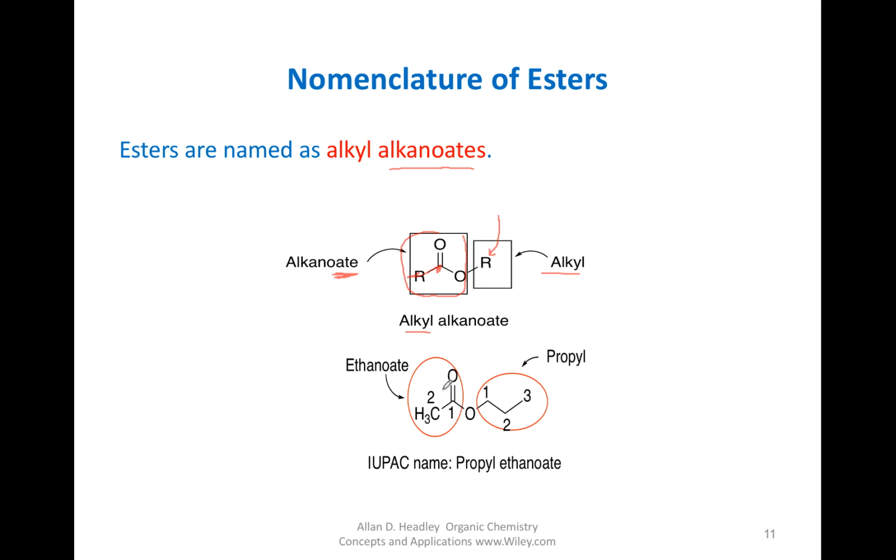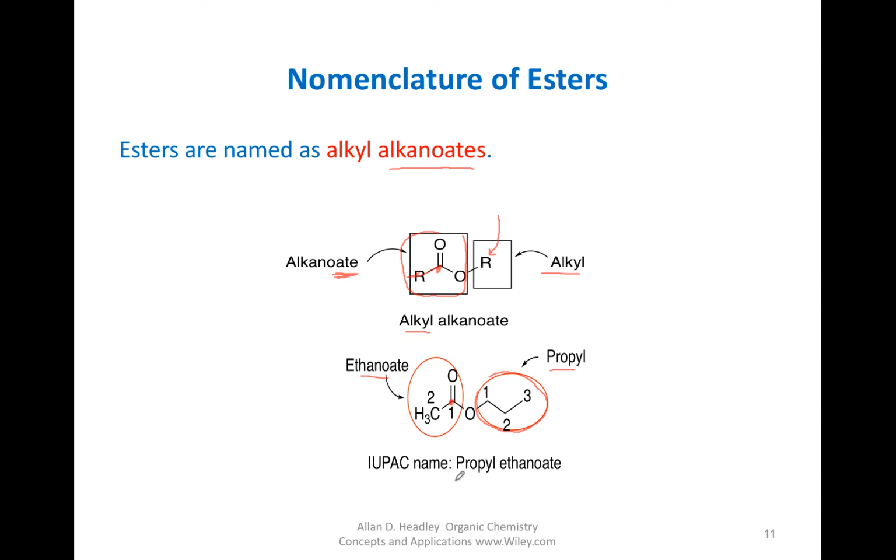So here's our functional group right here, but this carbon is a carbon of the -oate, 2 carbons, so it's an ethanoate. This oxygen contains the alkyl group, and it has 1, 2, 3 carbons, so it's a propyl.